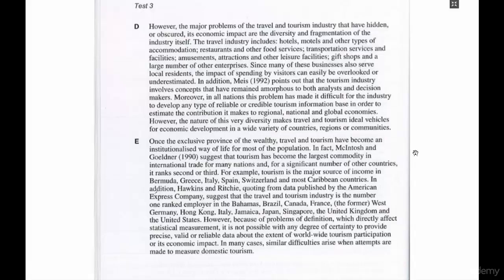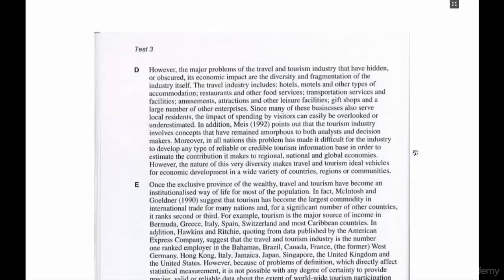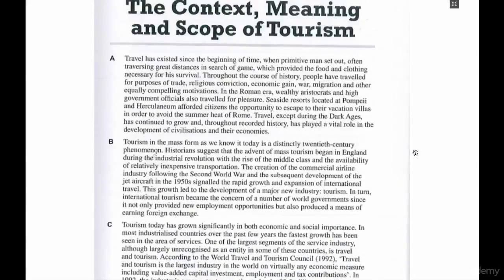And then it says, in similar cases, domestic tourism is the same as world tourism. All right, and our first sentence is telling us that it used to be for the wealthy, but now it's for everybody in the world, most of the population. So we can be pretty clear what this one is. Earning foreign exchange, no. Air travel, no. World impact of tourism, yes, number 7.